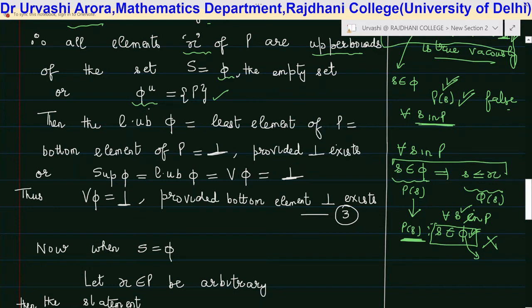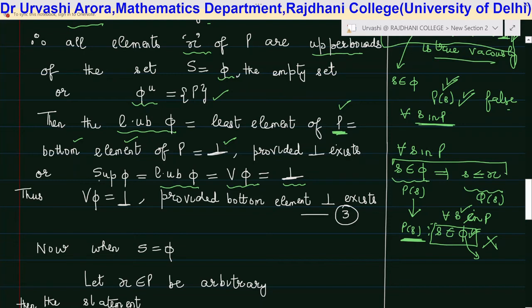And if you try to find the least upper bound of phi, then the least upper bound of phi will be the least element of P, because all the elements of P are upper bounds. So if you want to find the least upper bound, you should find the least element of P, and the least element of P is the bottom element of P, which is denoted by inverted T, provided it exists. So this means that the least upper bound of phi, or the join of phi, is going to be the bottom element of P, provided the bottom element exists.